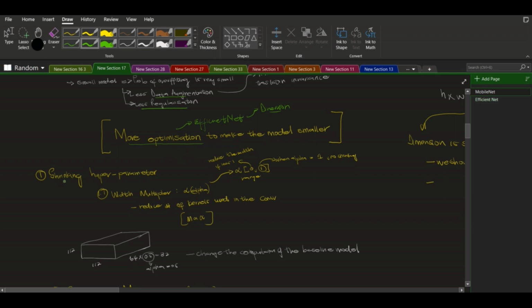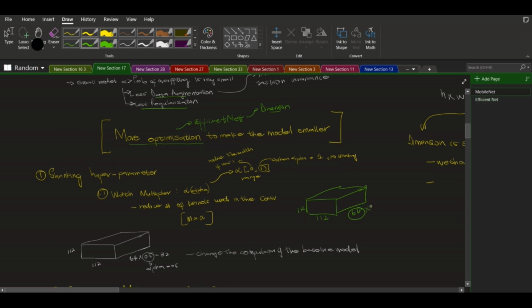So the first one was a hyperparameter, the width multiplier. They have an alpha here to reduce the number of kernels in the convolution. For instance, if we have 112 here and 64 here, we can reduce this by having an alpha.